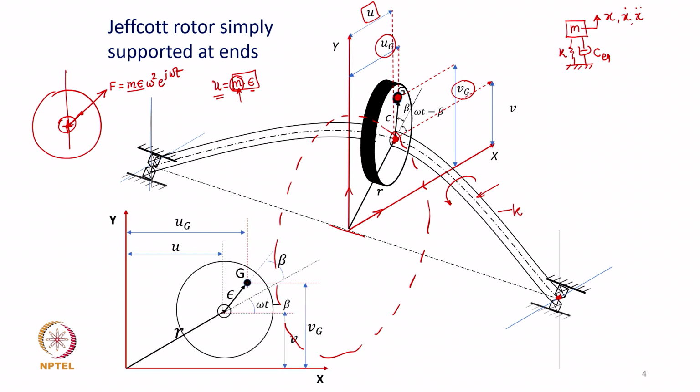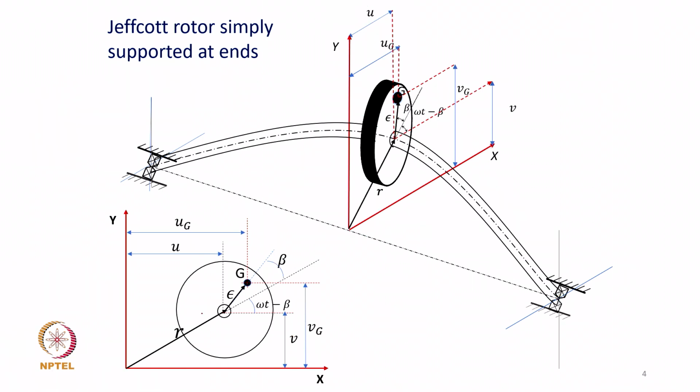Now, if you look at this same plot from the side, this is how it looks. If you look at the shaft from the bearing axis, looking from the right hand side, the position of the shaft center is u and v in the two directions x and y, and the position of the mass center is ug and vg.